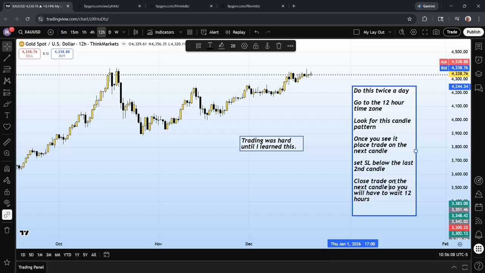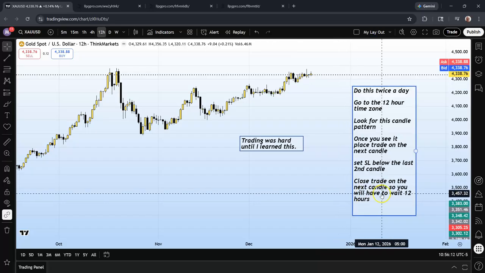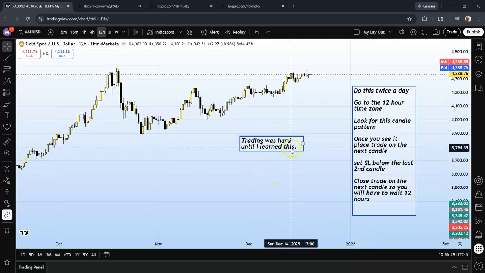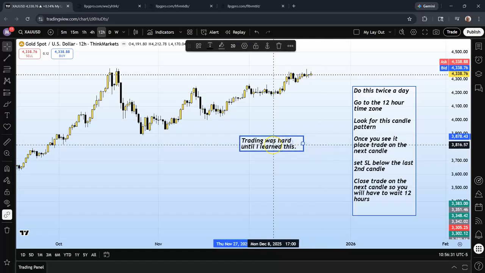On the next candle, so you have to wait 12 hours to see where that candle has closed. If it's closer to a point where you could take profit, or if it closes at break even, you might want to consider closing your trade at that particular time as well. So let's do some back testing to see what this is all about.